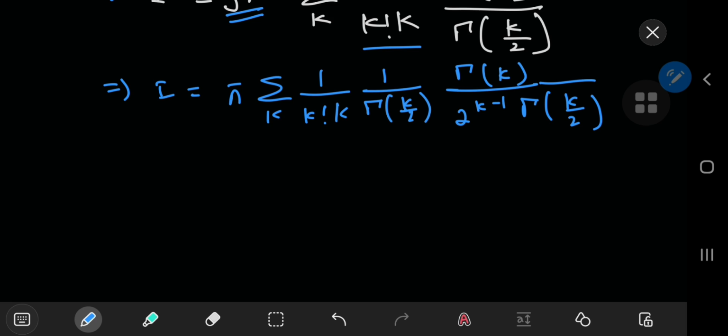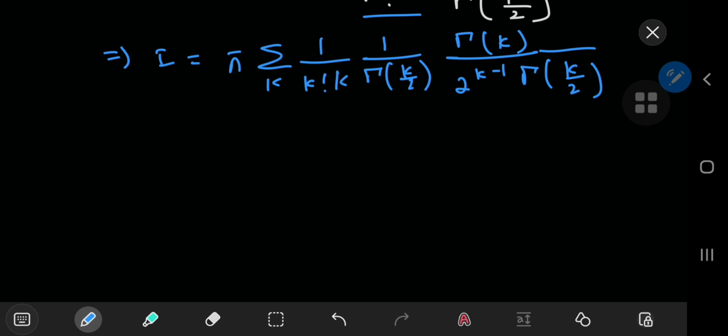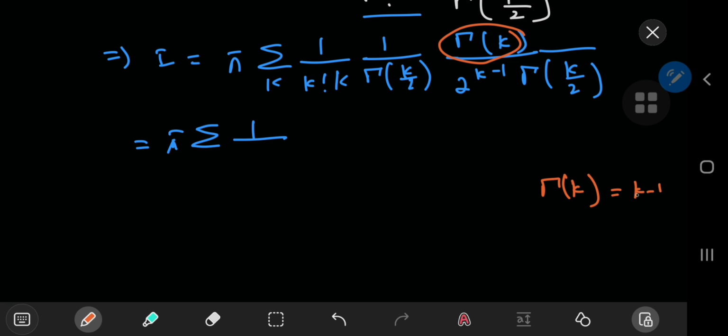And this looks pretty exotic already, but it actually works out pretty nicely. So we have pi times the infinite sum over k of 1 by, now this is k factorial, and this is gamma k. Now gamma k is an integer, right? So this equals k minus 1 factorial. And k factorial equals k times k minus 1 factorial.